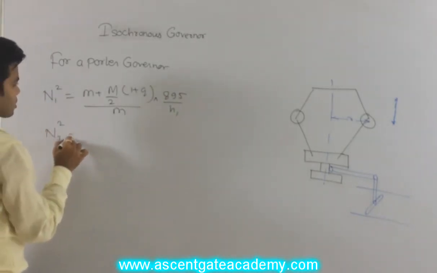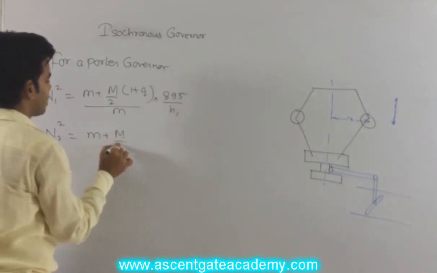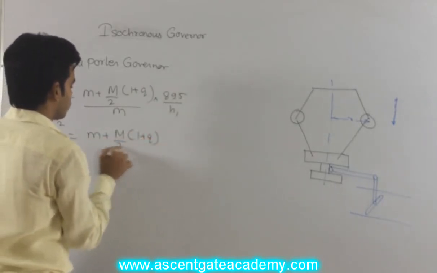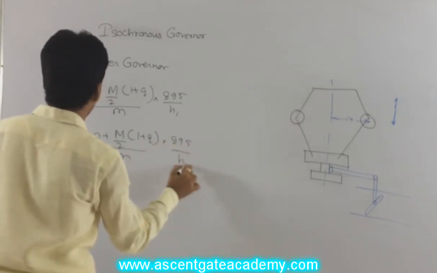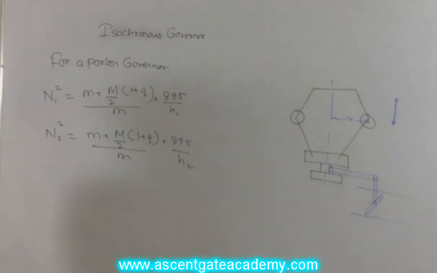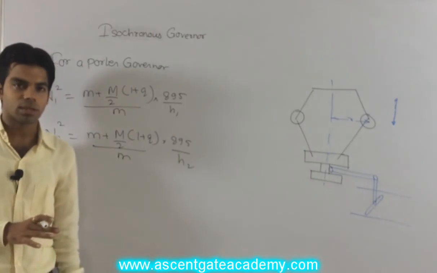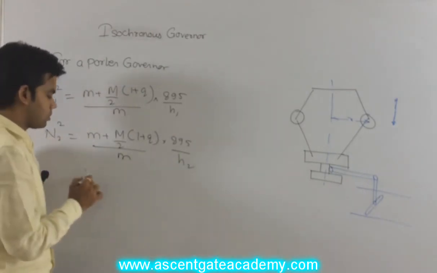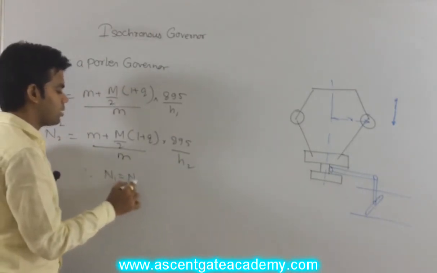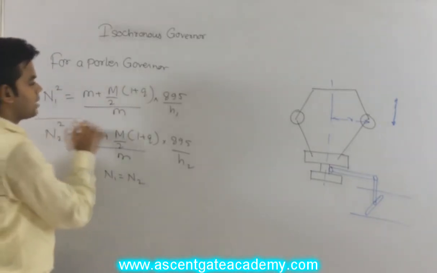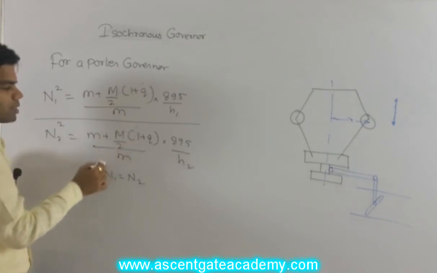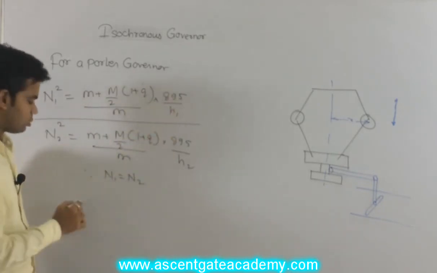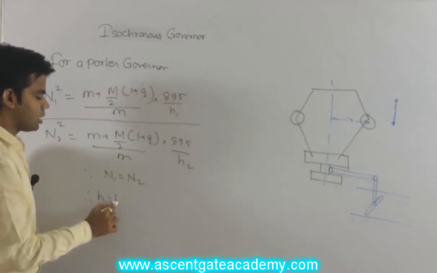Similarly, n2 square is equal to (m plus M)/2 into (1 plus q/m) into 895/h2. Now because this is an isochronous governor, n1 should be equal to n2. If we divide these two equations, this whole term will get cancelled out, 895 will get cancelled out, therefore h1 is equal to h2.